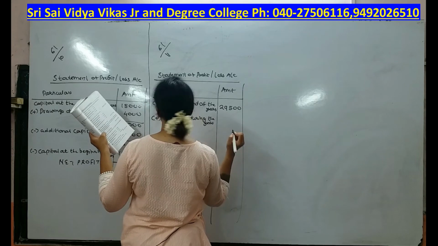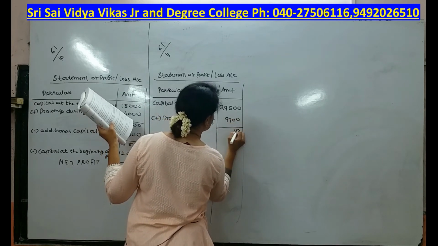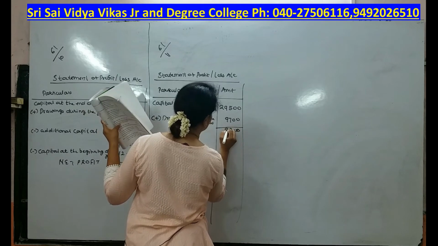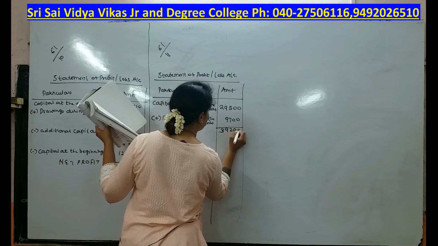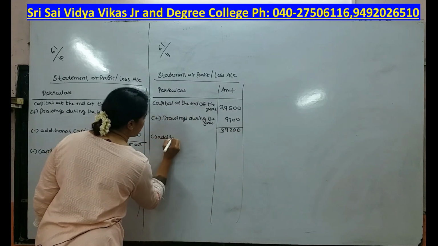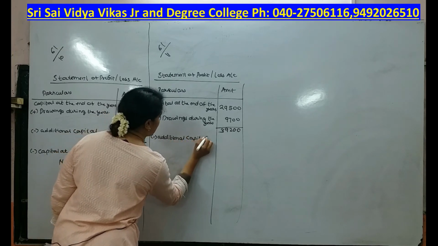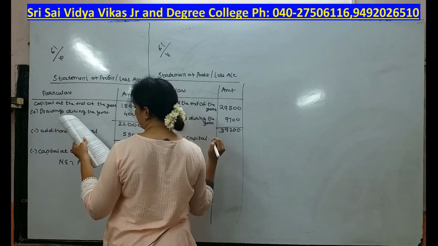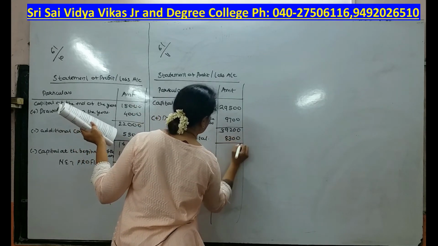Drawing amount was 9,700. Let's add this, 39,200. Less additional capital, or further capital introduced, was 8,300.